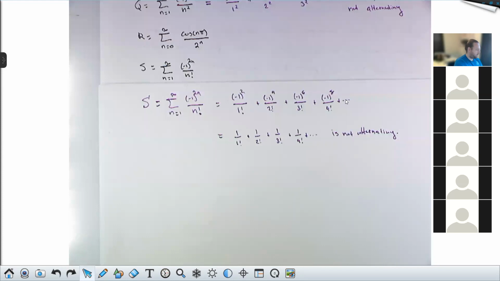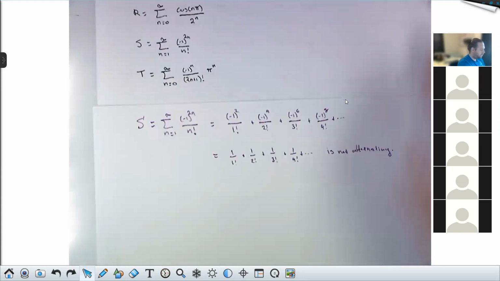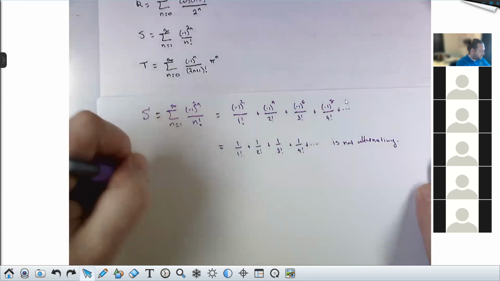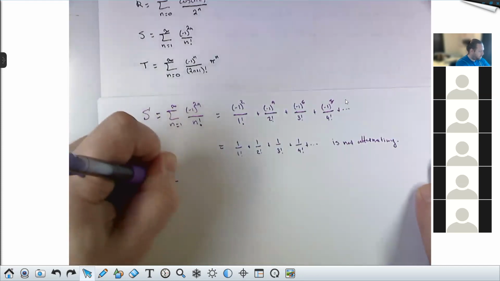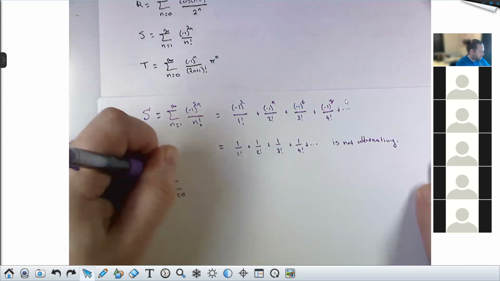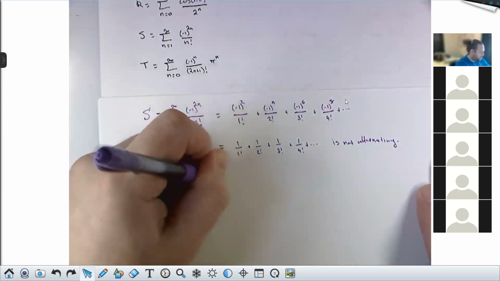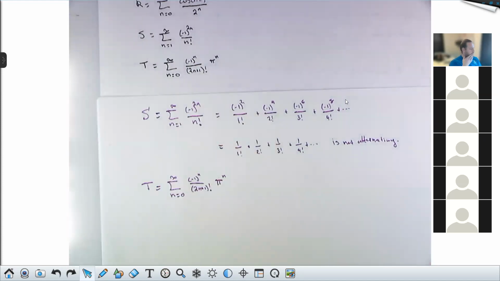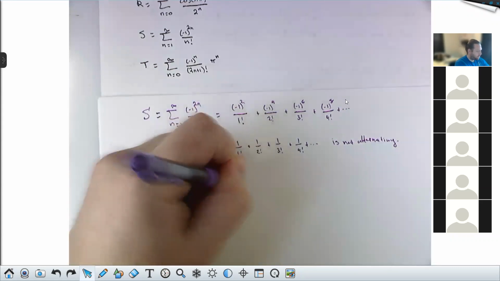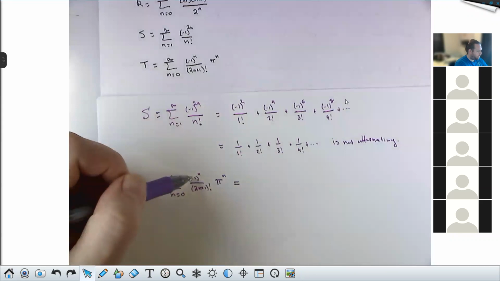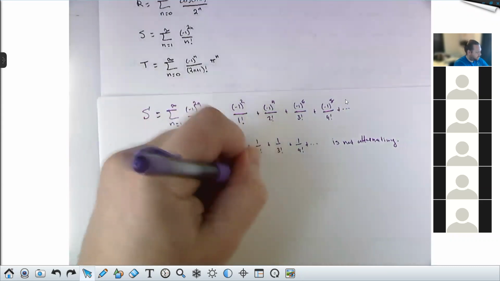Okay, last guy. -1 to the n, so here, t equals sigma n from 0 to infinity, -1 to the n over 2n plus 1 factorial times pi to the n. Okay. So if I start writing out the first few terms here, I will get -1 to the 0 over 1 factorial times pi to the 0.